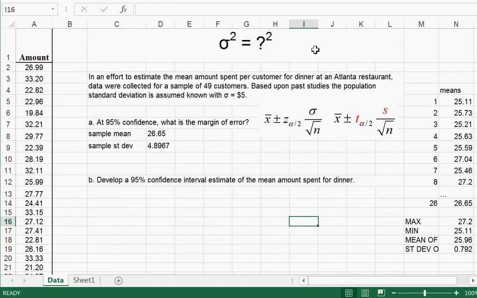If you're taking the square root of question mark squared, what would it be? Question mark. So if sigma squared is question mark squared, do you plug in question mark or do you plug in 4.8967? Yeah. So if you plug a number into this equation, do you use the t table or do you use the z table? You use the t table.